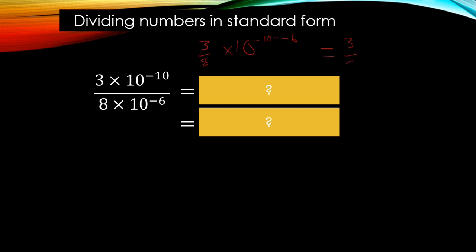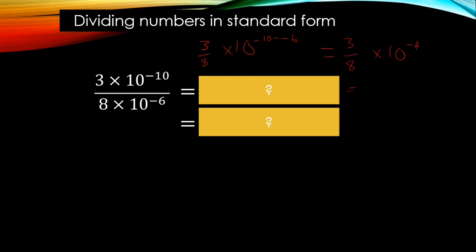This gives us 3 over 8 times 10 to the power minus 10 plus 6, which equals minus 4. But this number is less than 1.